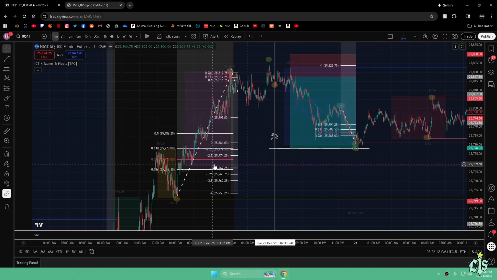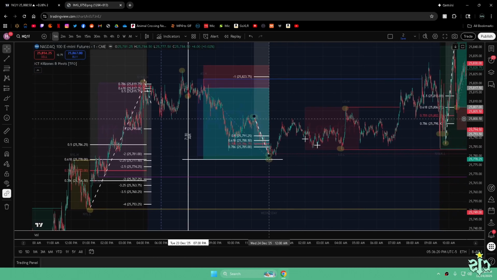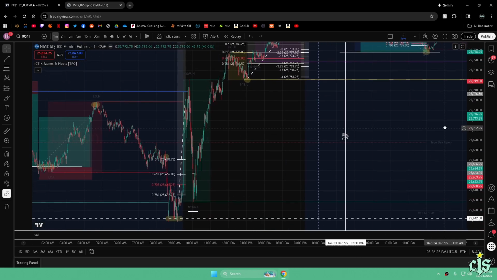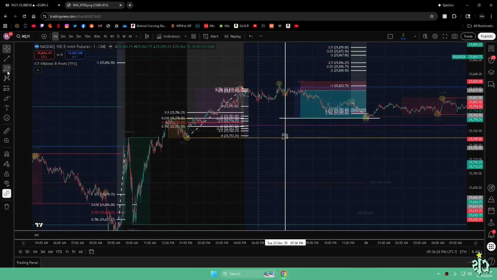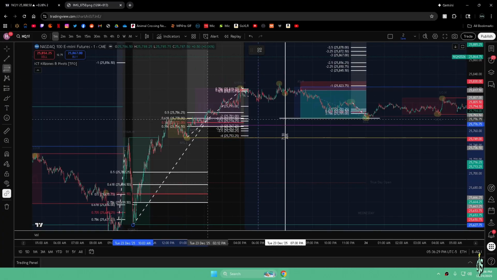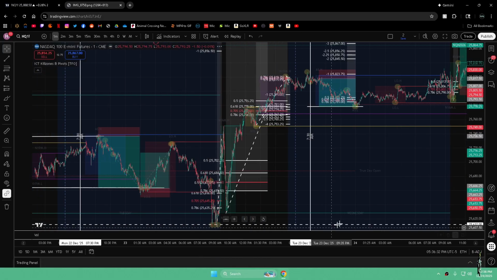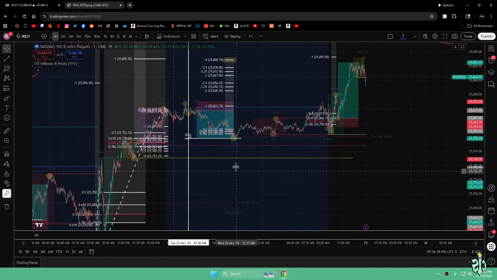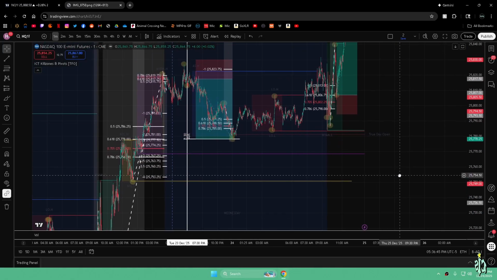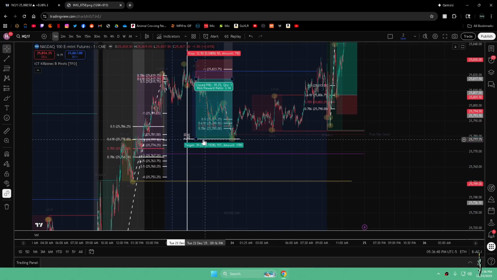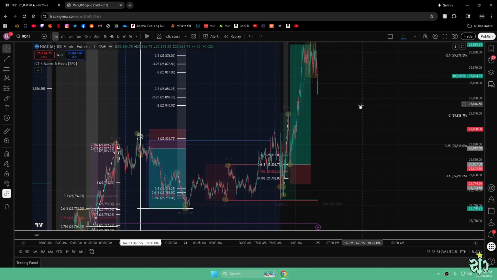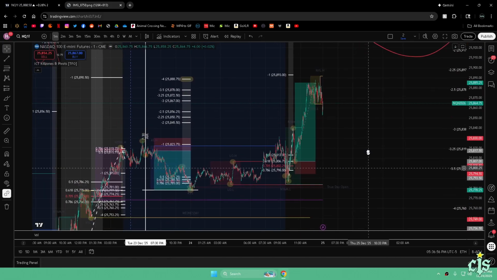I had an OTE range that got hit here, and I thought I was gonna dip lower, to another OTE range down here. Obviously it didn't, and I only got like 250 because it went back to my 1 to 3 RR. But if I wasn't greedy, and I just got out here and bought, I would have been up like probably 3K today.